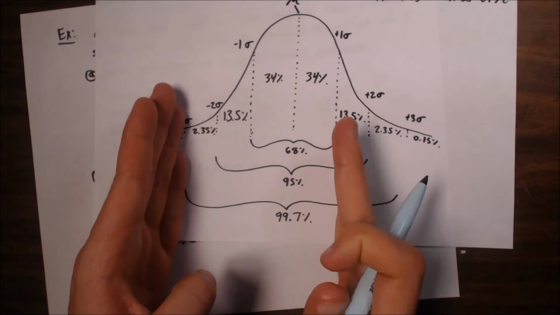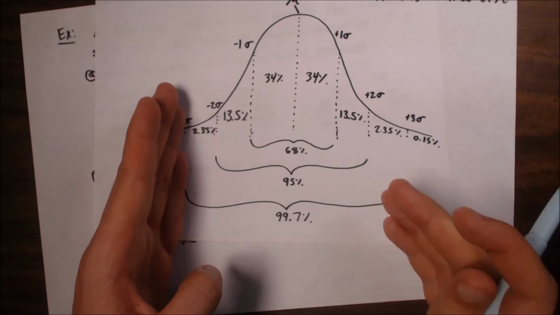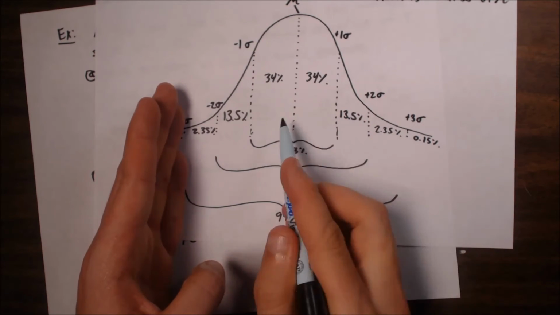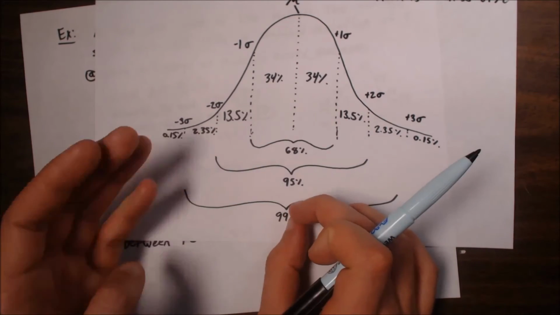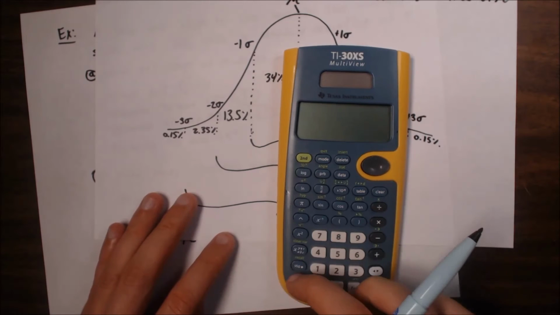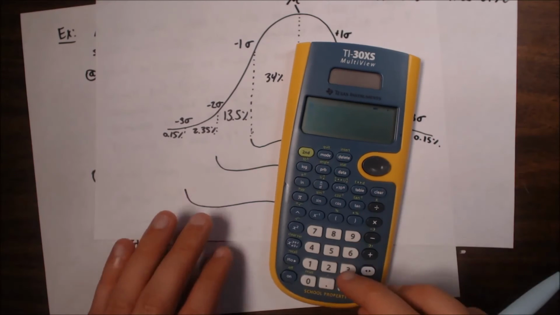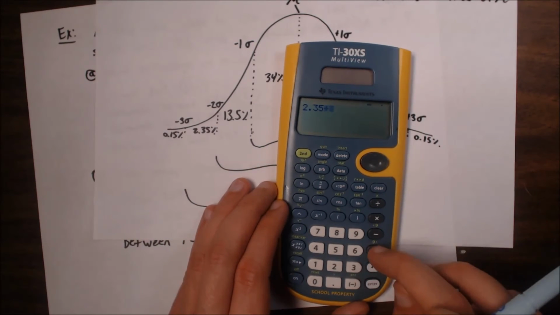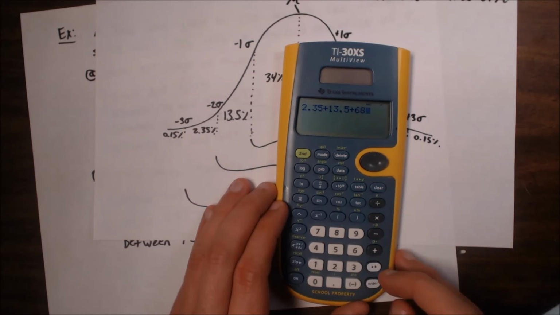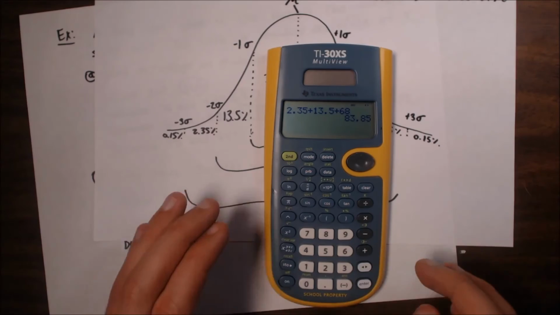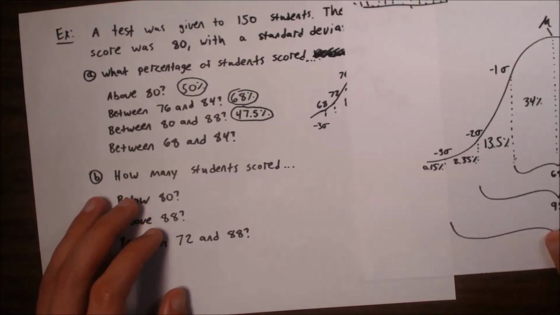We can say, just add these all up, which might be the easiest way to do it. You know that this is 68, so you could take the 68 and then add these two. Okay. However you do it, if you can put in your calculator, just add them all up. Okay. 2.35 plus 13.5 plus 34 plus 34 or plus 68. 83.85%.